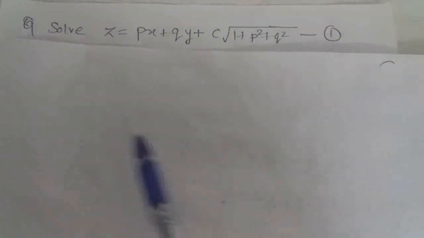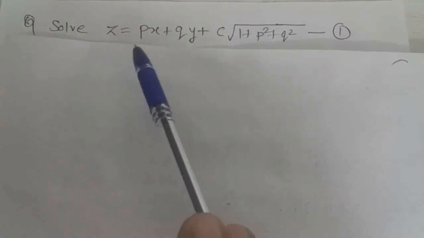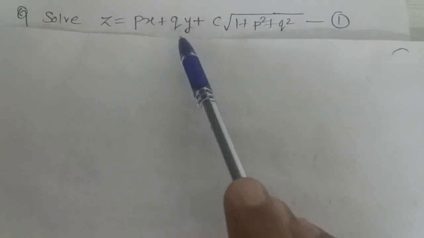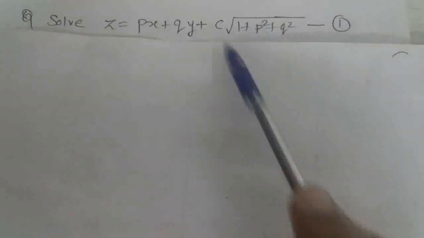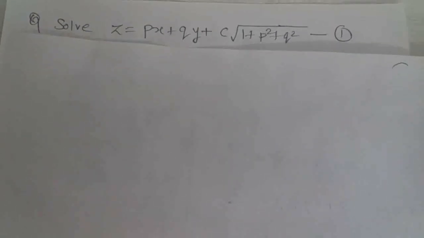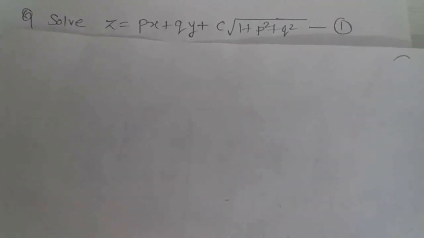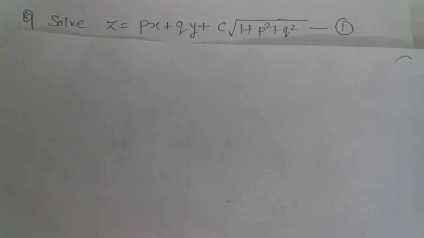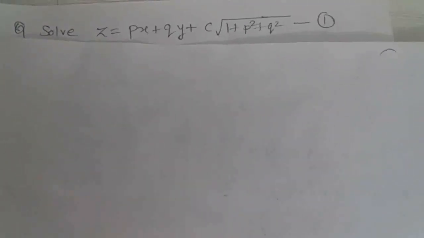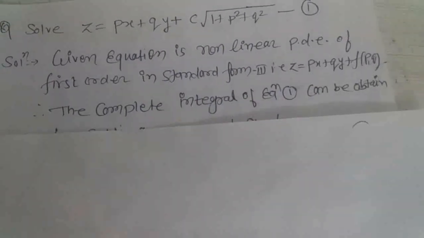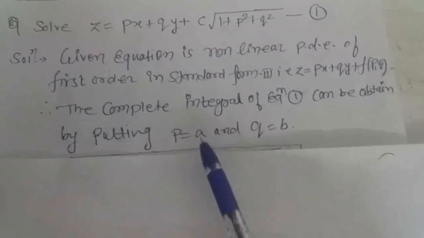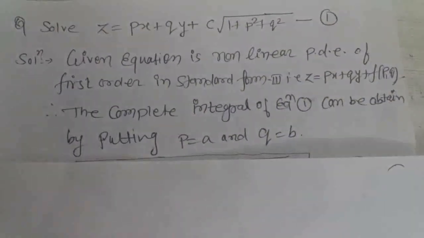Further, the equation is in the form of z equal to px plus qy plus a function of p and q. So this equation is in Clairaut's standard form, therefore the complete integral can be obtained by simply replacing p by a and q by b.